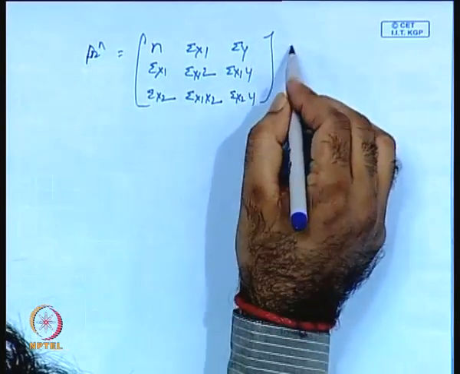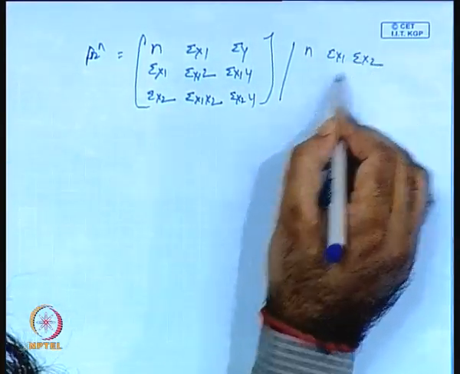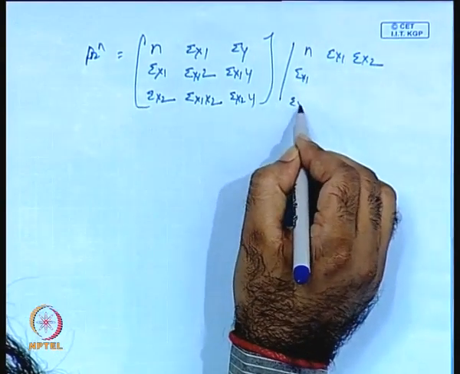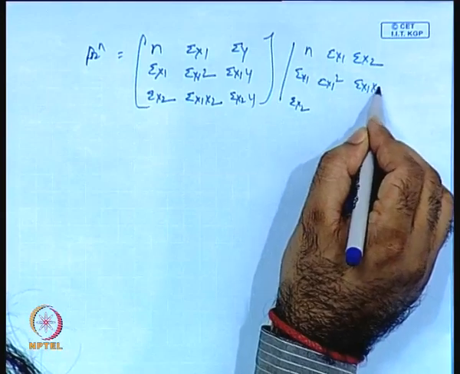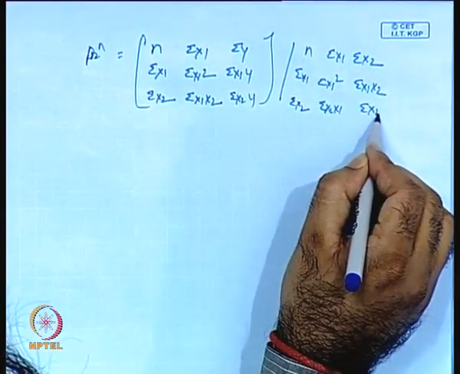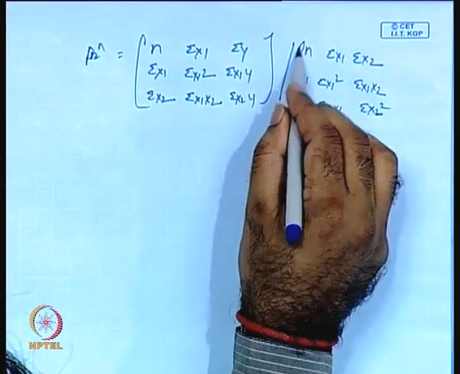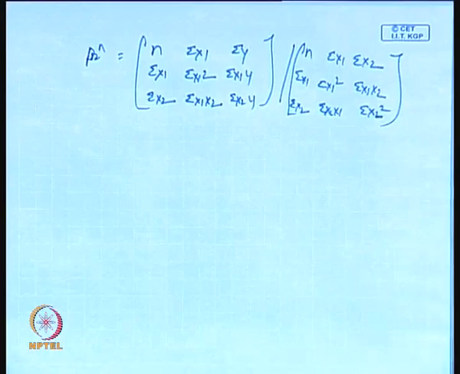This divided by n, summation x1, summation x2, summation x1, summation x2, summation x1 squares, summation x1 x2, then summation x2 x1, summation x2 squares, okay. So this is the beta 2 value.